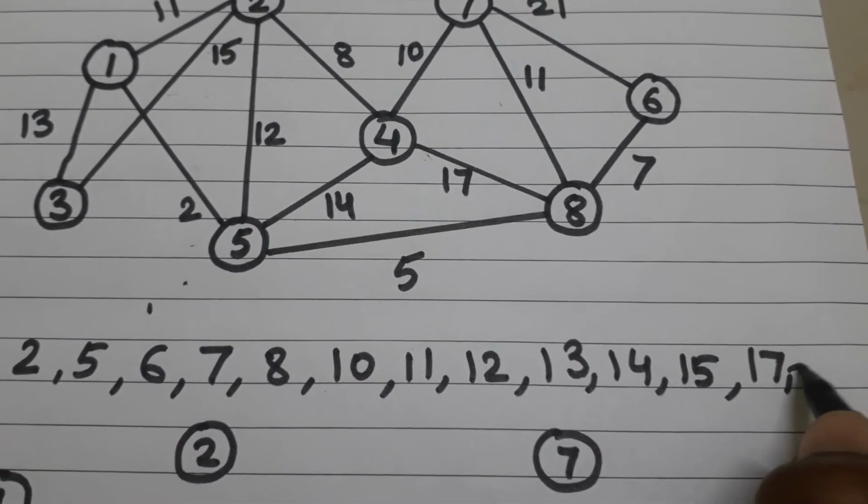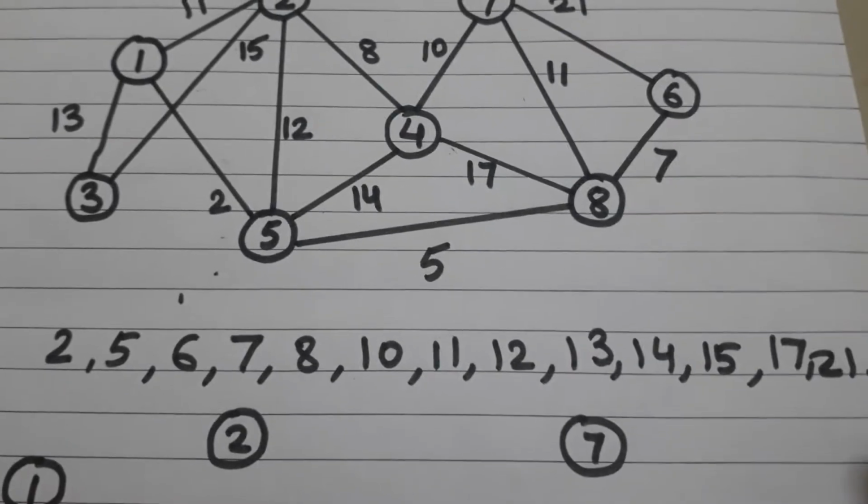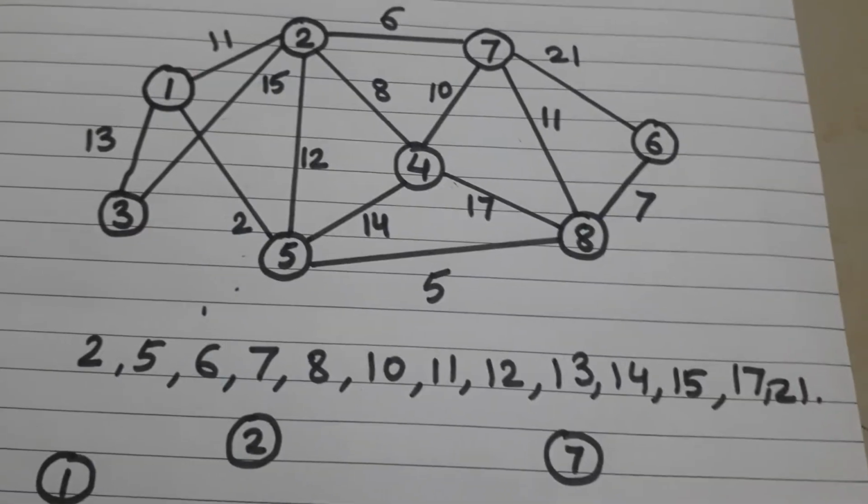So here we will write our last edge, that is 21. So all the edges we write in ascending order.